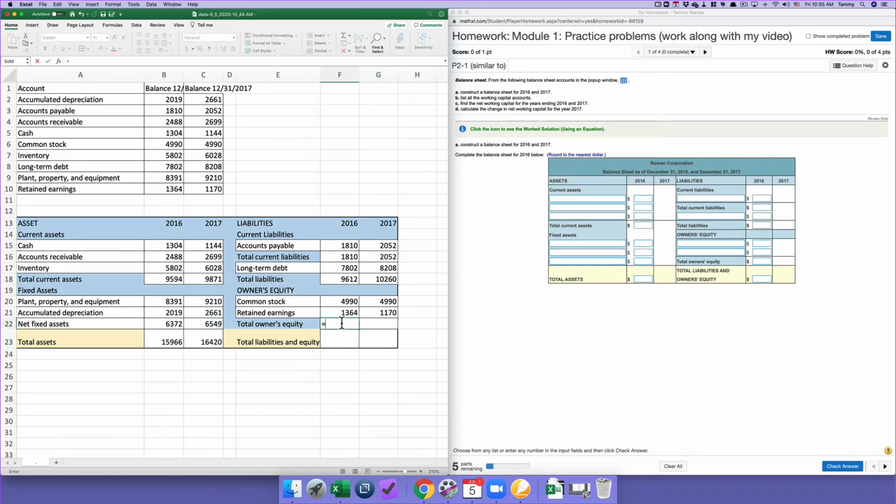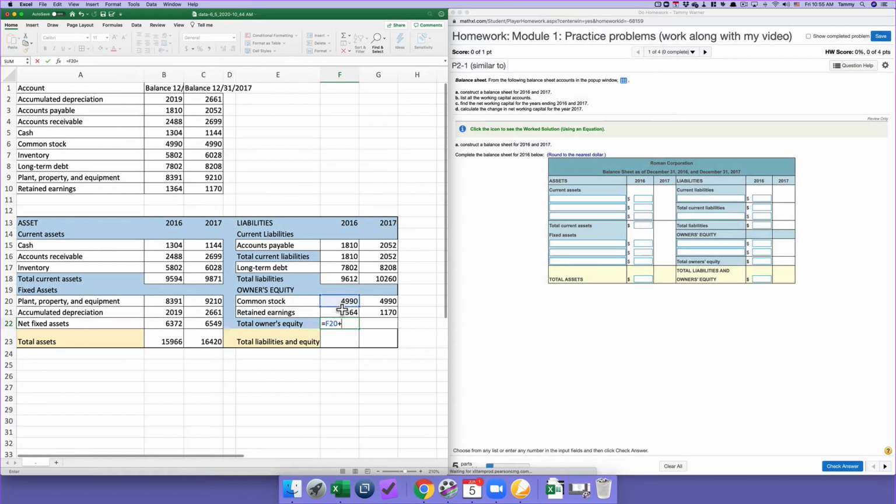Total equity is these two together. And our total liabilities and equity, with our fingers crossed. Liabilities over here, equity here, looks like the same number.